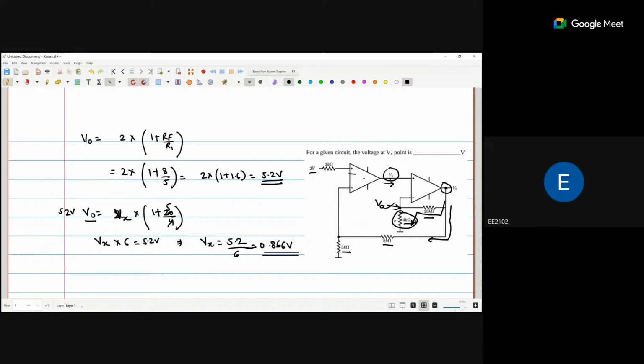Now the second operational amplifier has negative feedback, and because of the virtual ground concept, VA and Vx both are the same. So because of this second operational amplifier, we are getting the output of the second operational amplifier, and because of that, we are getting this Vx. Because of the first, we are not getting Vx, but because of the second, we are getting Vx.